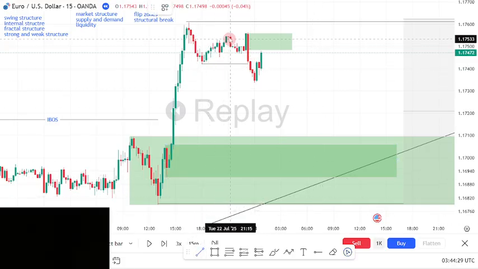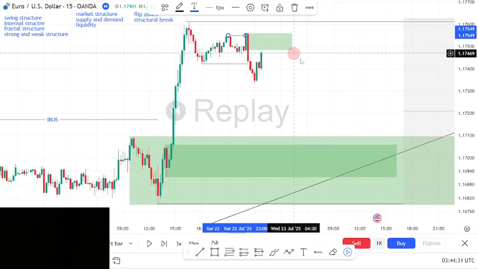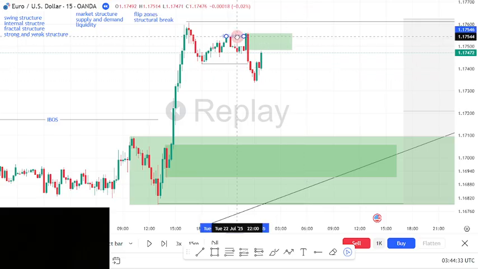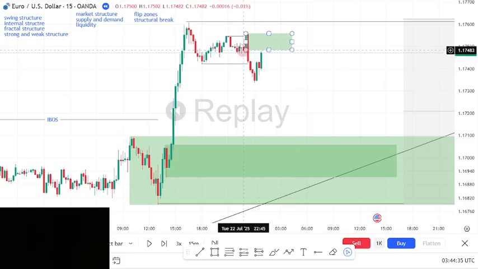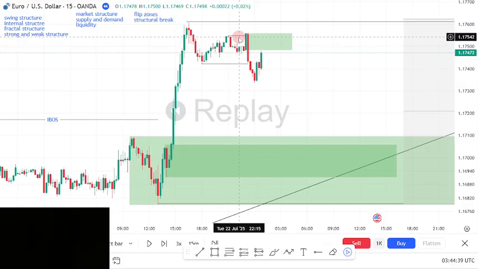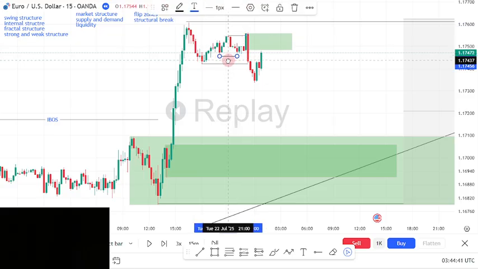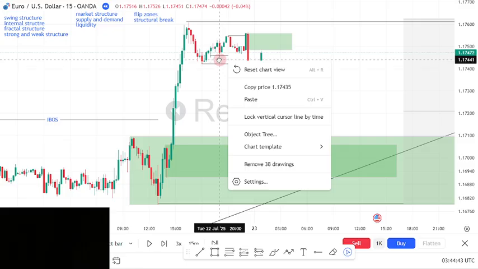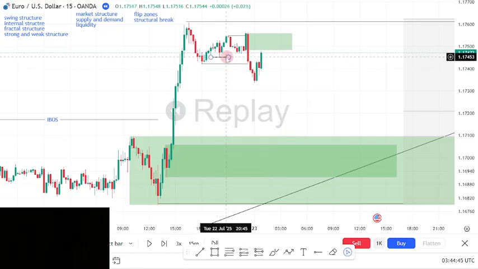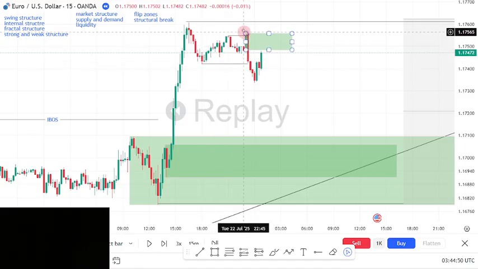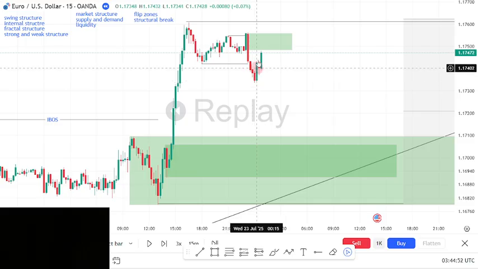There was a sweep, a flip was there, because why? We had liquidity here, right? We have liquidity here. You can even see, okay, now this one didn't sweep liquidity though. And we have liquidity that has been swept. The liquidity is sweeping and we are pulling back.